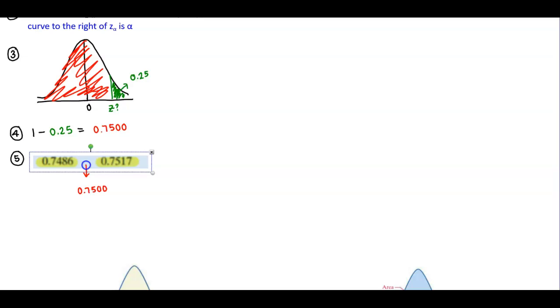We want to determine which area to pick, the one that's closest to 0.7500. The difference between 0.7500 and 0.7486 is 0.0014, and the difference between 0.7500 and 0.7517 is 0.0017. So therefore we're going to use that first area so we can determine the value of z.